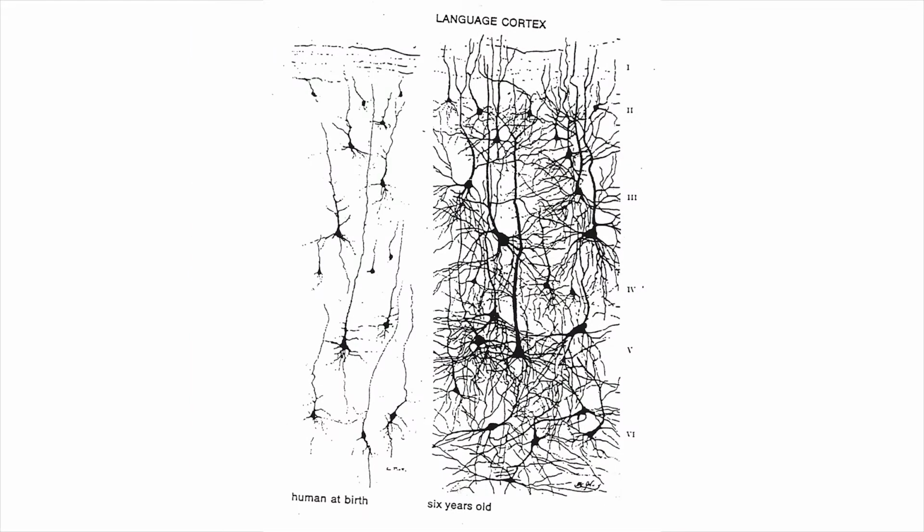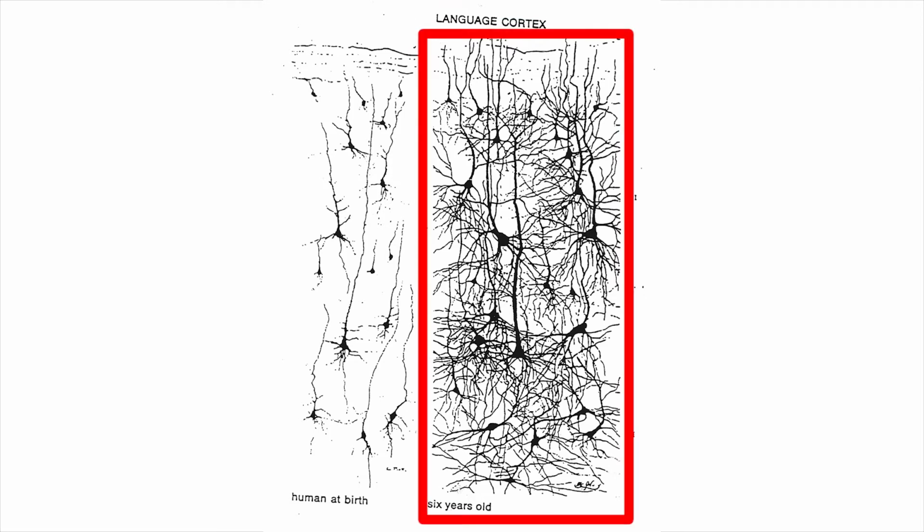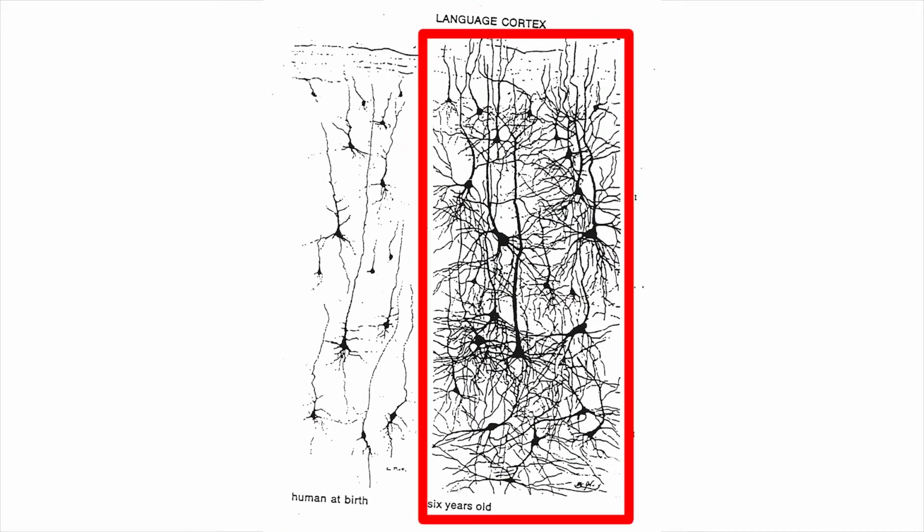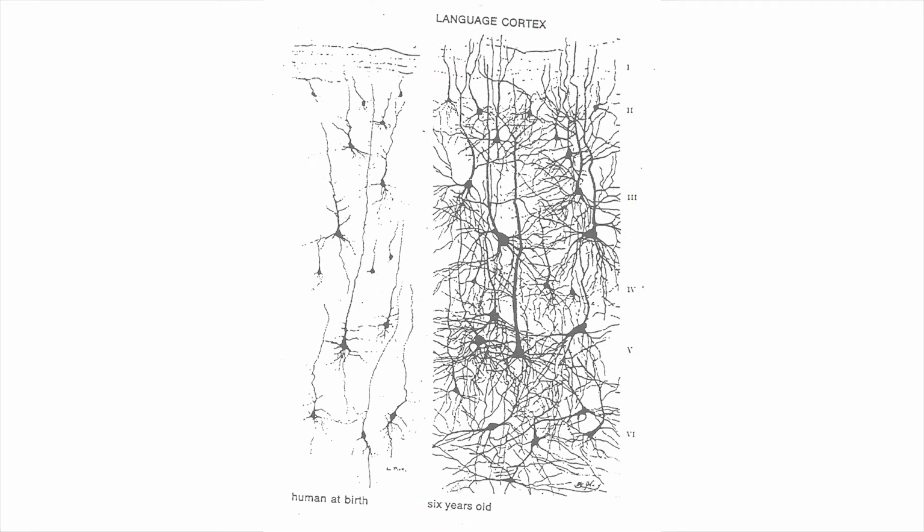So we want lots and lots of connectivity of the cells. When a baby is first born, there's not a lot of connections. Then as the baby grows and matures and has experiences, the baby is going to be able to process information and interact more with his world. Here's an example of what an average 6-year-old's brain would look like. And you see there's lots and lots of connections.